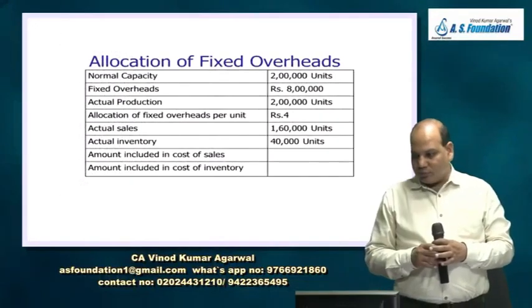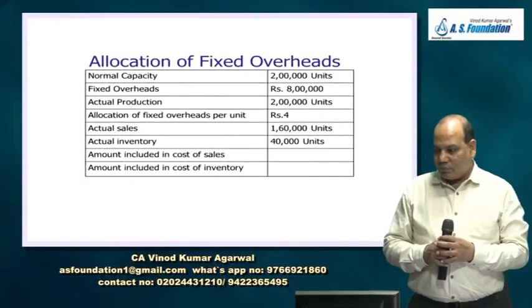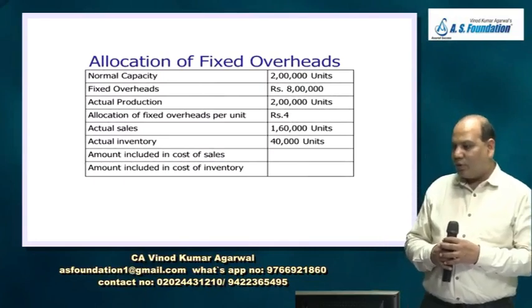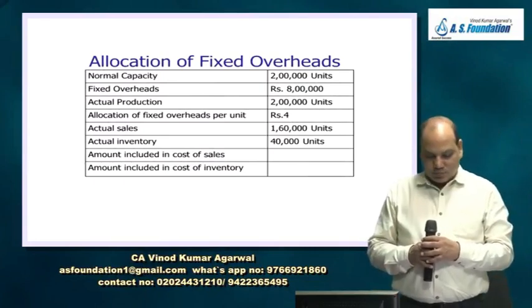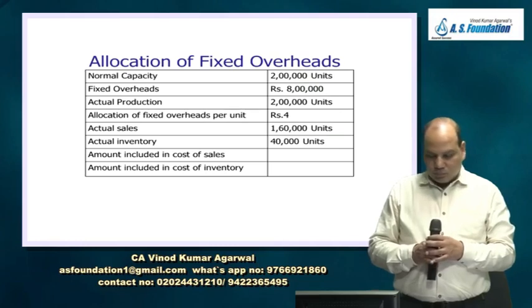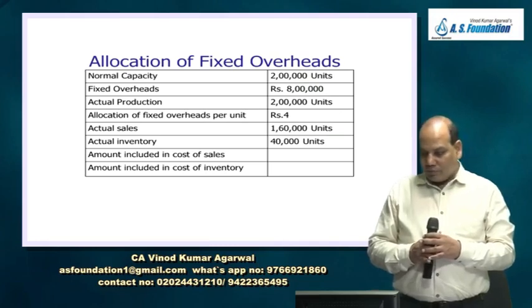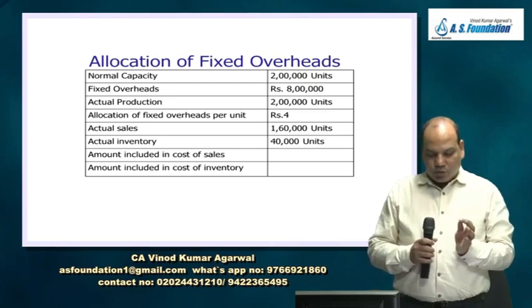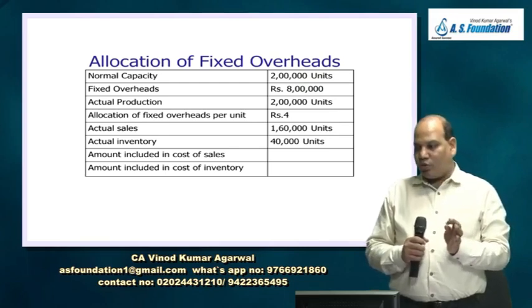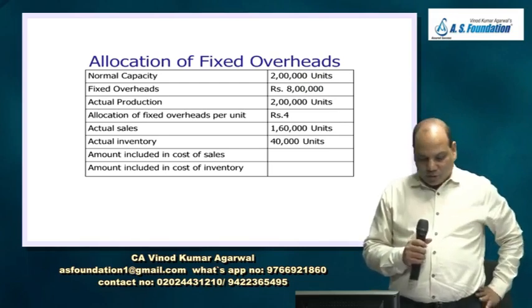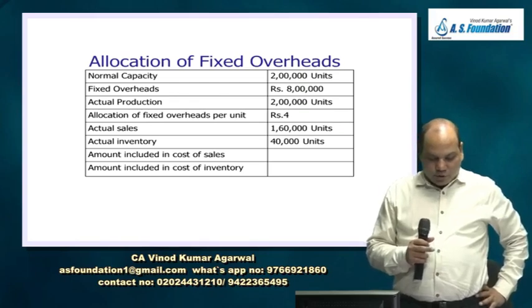Case 1. Can you see case 1? So you will take a pencil and fill in the blanks in case 1. Write down actual is equal to normal capacity. Start writing the first column only.